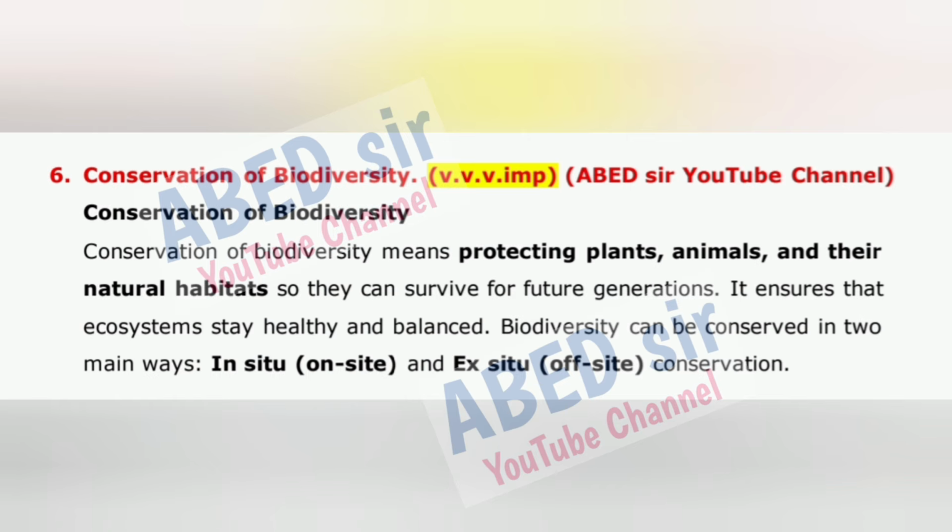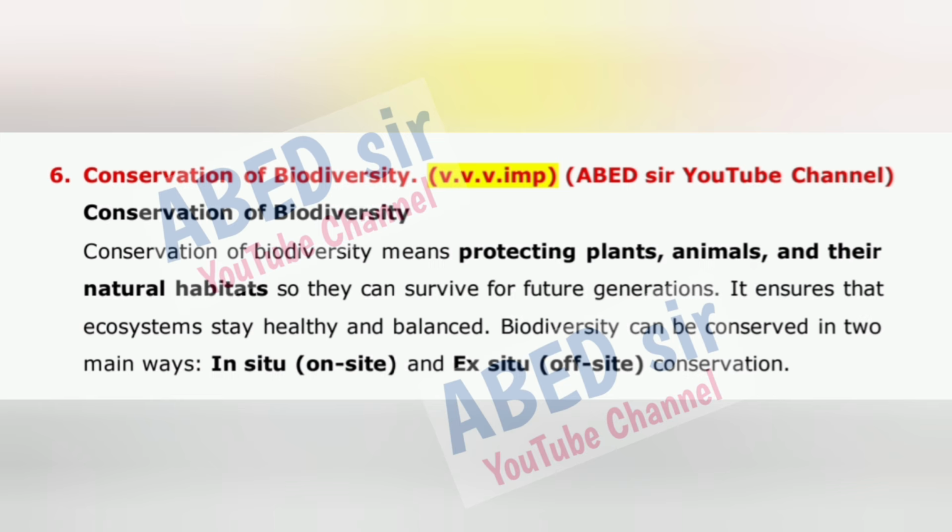Conservation of biodiversity. Conservation of biodiversity means protecting plants, animals, and their natural habitats so they can survive for future generations. It ensures that ecosystems stay healthy and balanced. Biodiversity can be conserved in two main ways: in situ, on-site, and ex situ, off-site, conservation. 1.